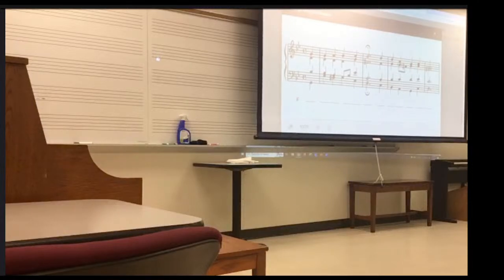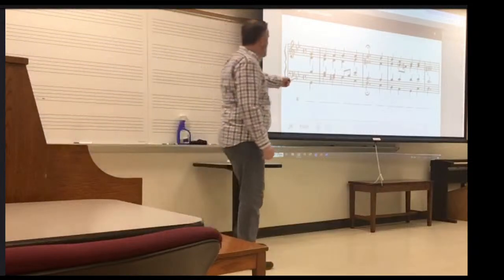G. And what scale degree is G in the key of G minor? 1. And what type of chord is this? Minor. We have a B flat and it's a minor key, so we have a minor 1 chord. The root of the chord is in the bass, so it's root position, and we're all done.